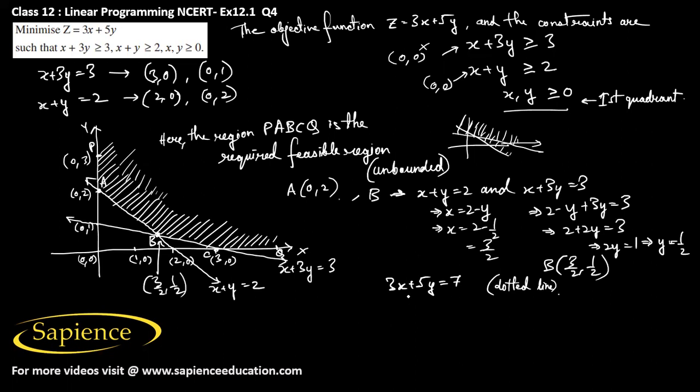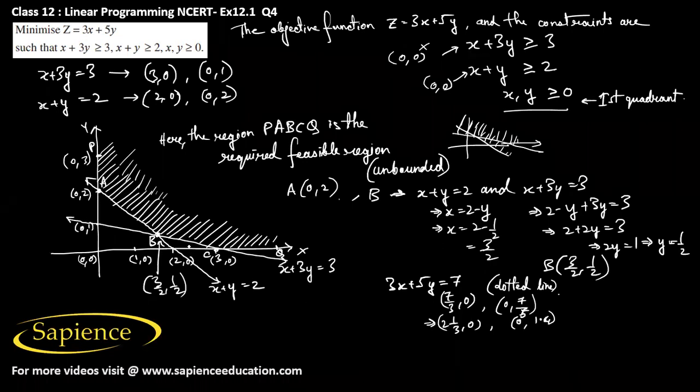So now it will intersect the x-axis at the point (7/3, 0) and the y-axis at the point (0, 7/5). So 7/3 comma 0 is somewhat 2 whole 1/3, so we can say it is 2.33 comma 0.